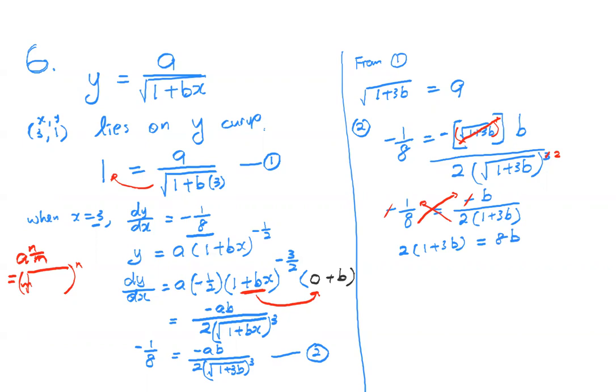So you can divide by 2 also. So you have 1 plus 3b equal to 4b. So b equal to 1. Got it? So therefore, my A is equal to square root of (1 plus 3b), which is square root of 4, equal to 2. Done.